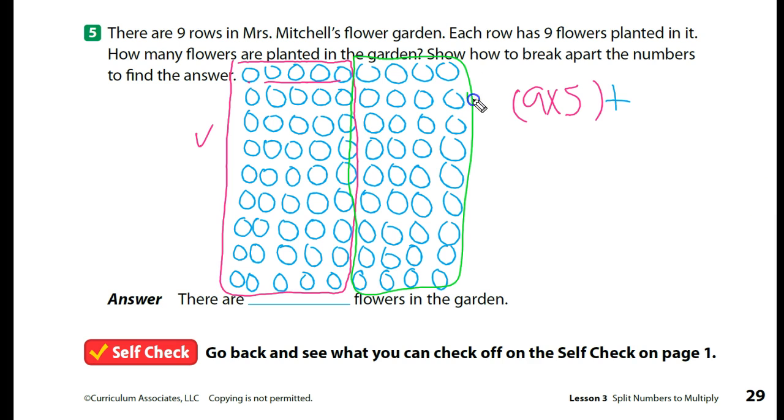And then this group right here? How many rows do I have? 9. So you notice that the first 2 numbers are going to be the same because in both groups I have 9 rows. And how many in each row for this group? 4. And then I multiply it together. Well, 9 times 5, we said it was 45.